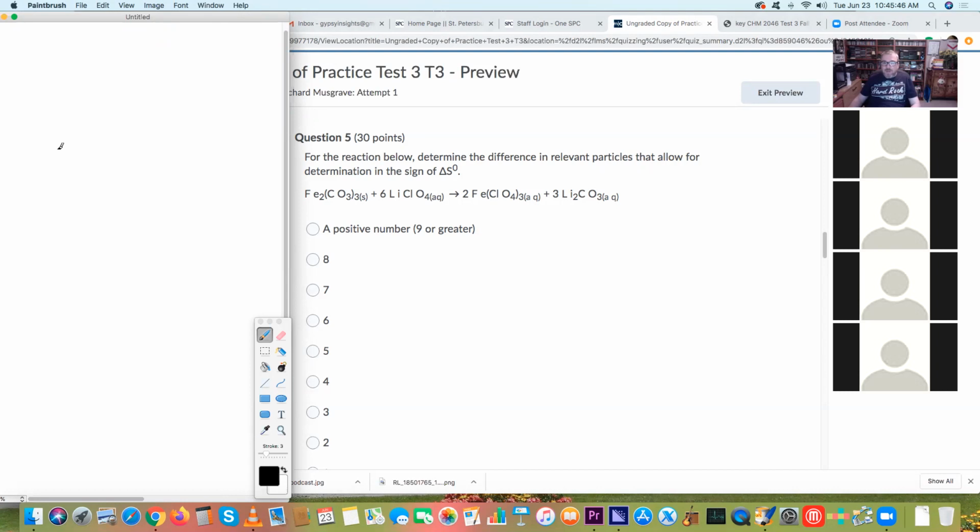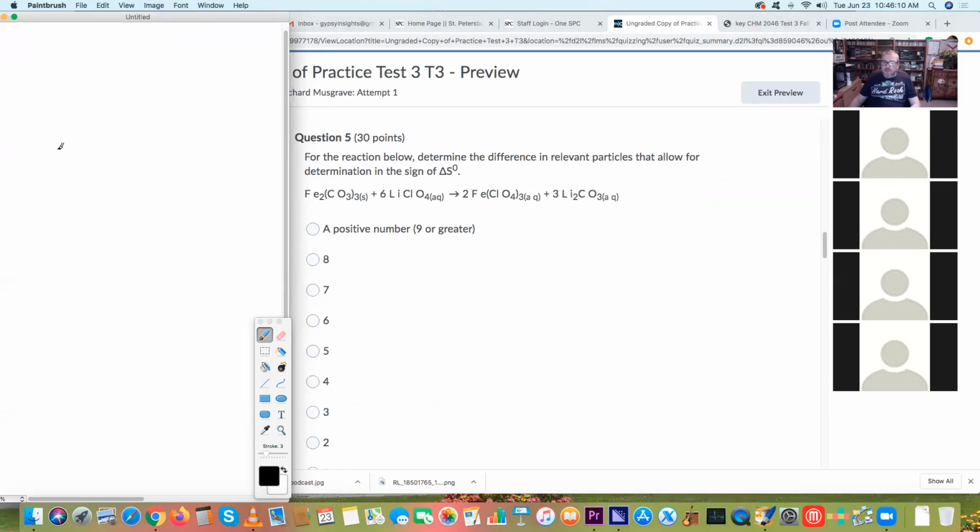How many particles do you see? When you say particles, are you talking about breaking it down? Yes, breaking it down. That's right. Break it down, Rebecca. Reactants. Let's look at the reactants first.